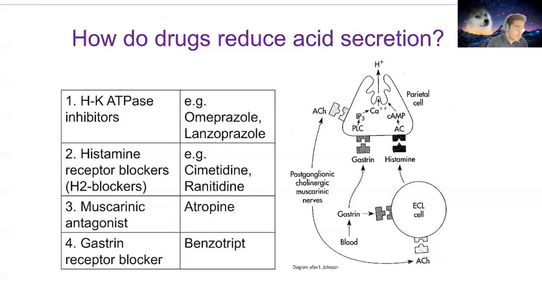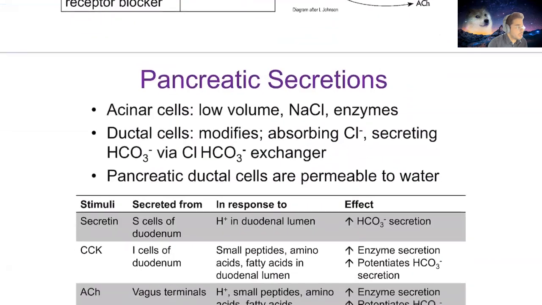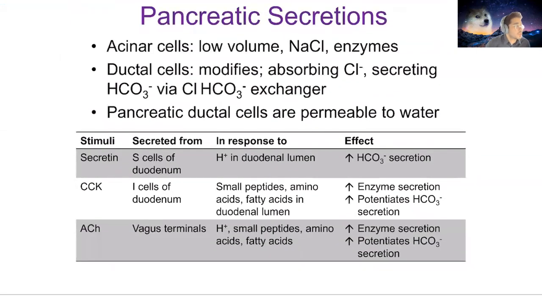So atropine is a muscarinic antagonist, so parasympathetics are going to be downregulated. Obviously, you're not just shoveling atropine down a patient's throat whenever they have, I don't know, a peptic ulcer. So don't do that. That'd be weird. Okay, gastrin receptor blockers such as benzotript. It's not often used. Most of the time they go with a proton pump inhibitor, or maybe a histamine blocker if you're too stress driven. But that's why, relax once in a while, guys, so that you don't develop those peptic ulcers.